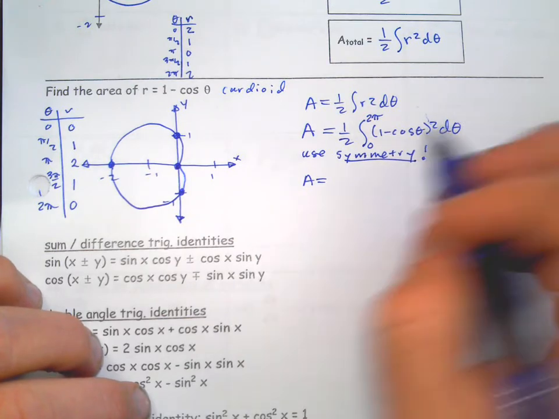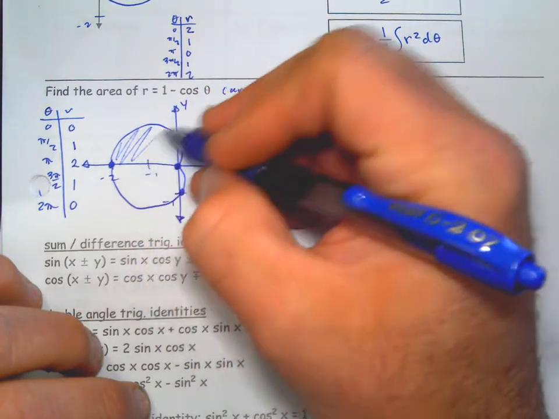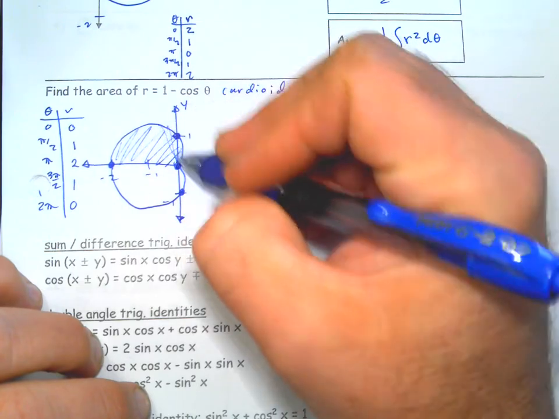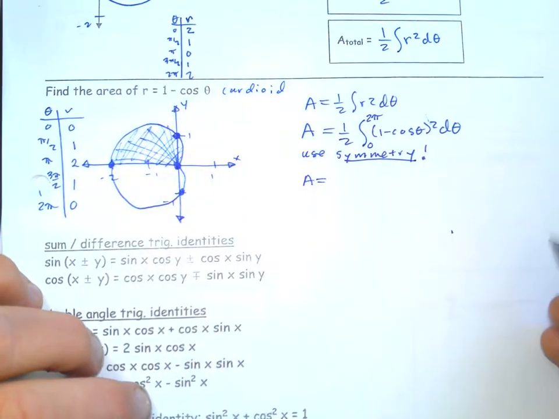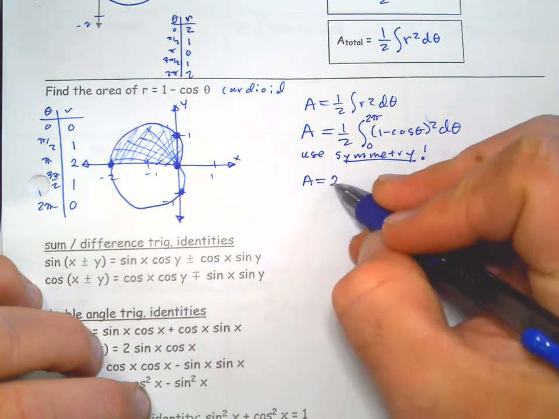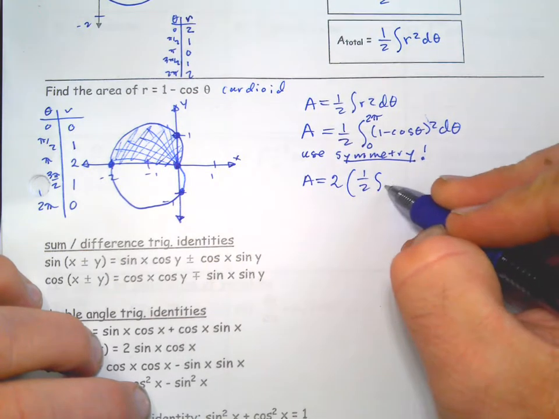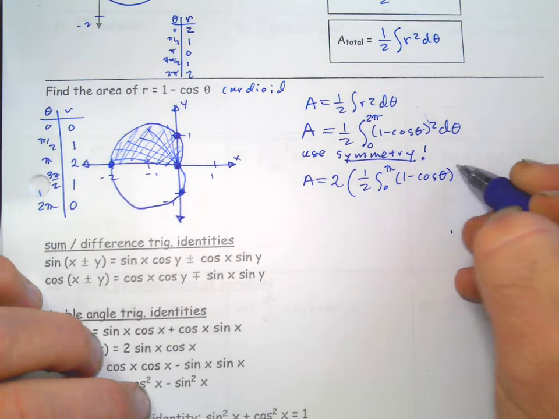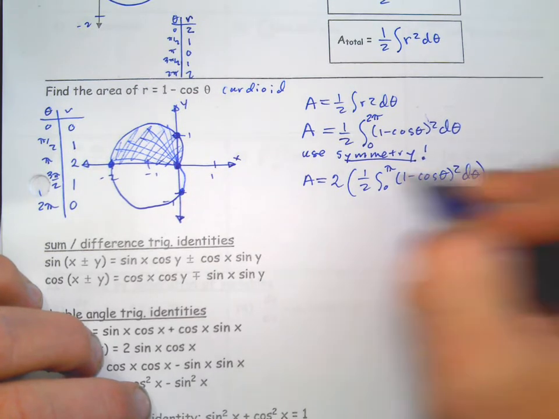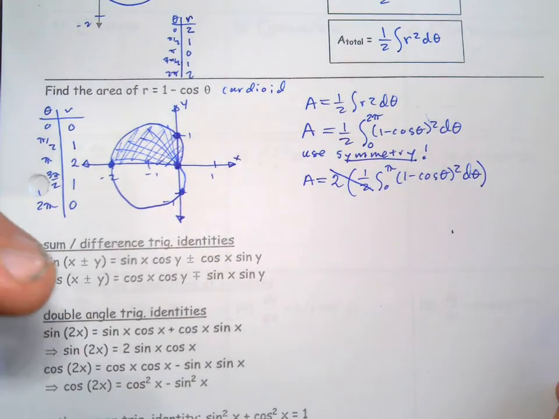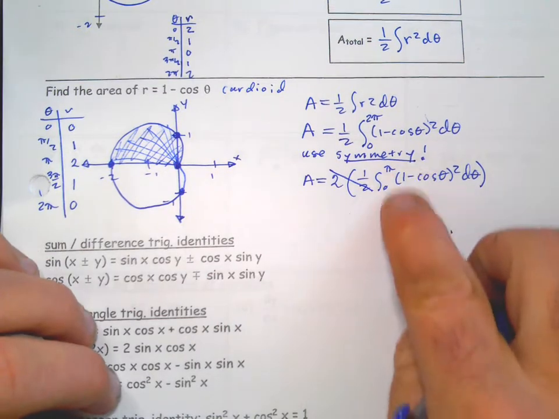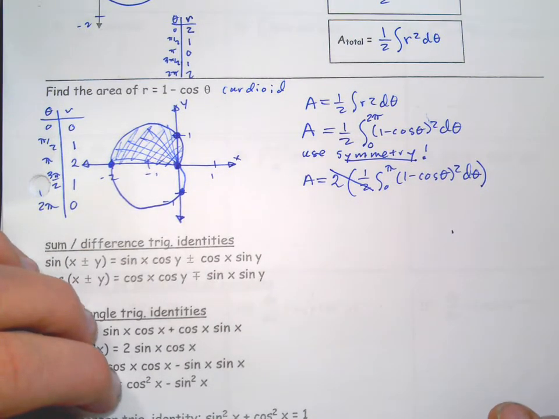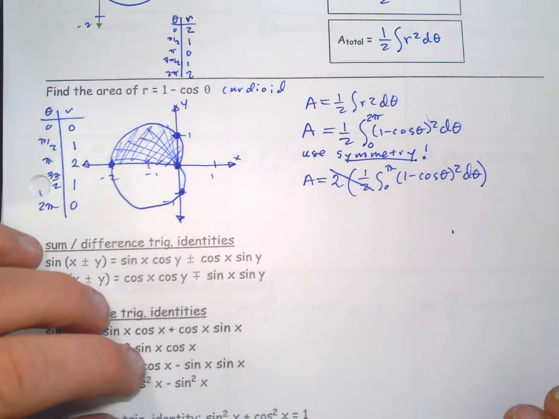So instead of doing the whole shape, we could do half the shape, 0 to pi, and then just double it, right? So we could do 2 times 1/2, 0 to pi of 1 minus cosine theta, squared, d theta. And one of the nice things is the 2's cancel out. A lot of times it gives you nicer limits to plug in, not so much in this case, but in other ones.